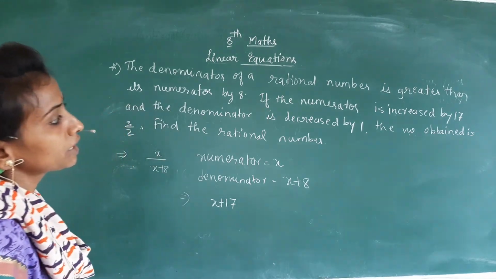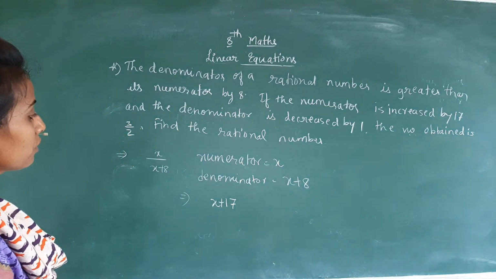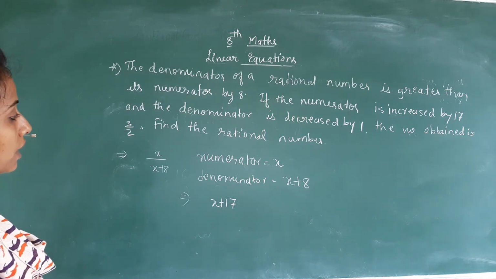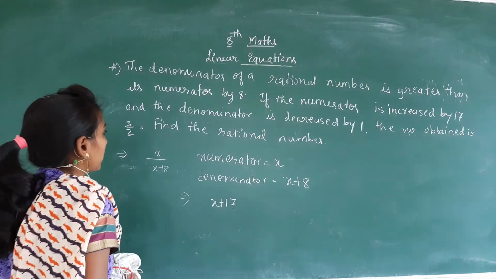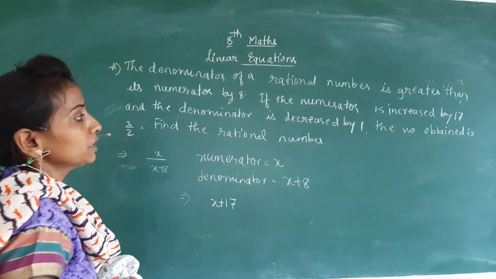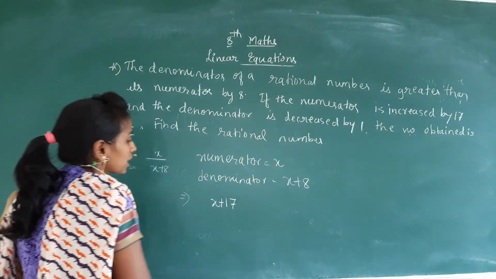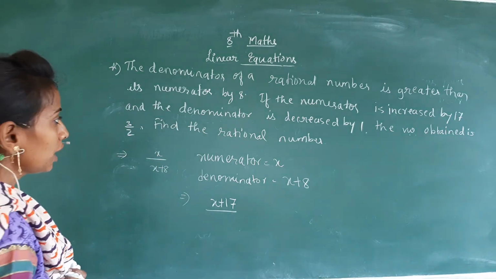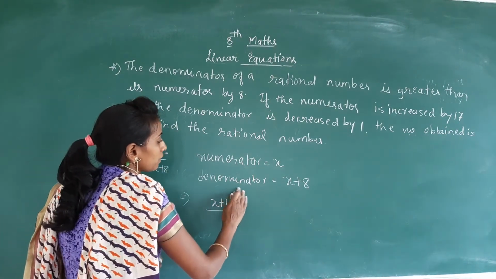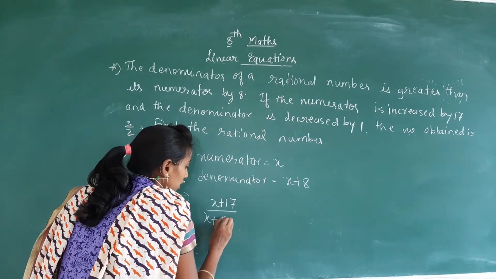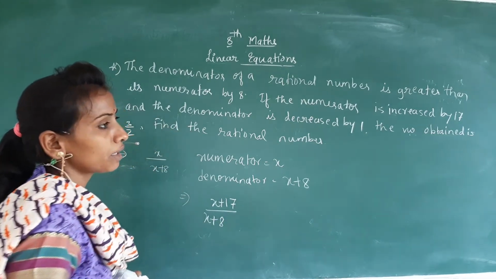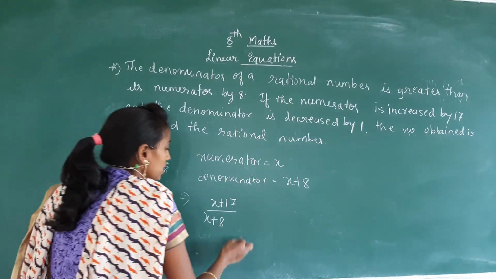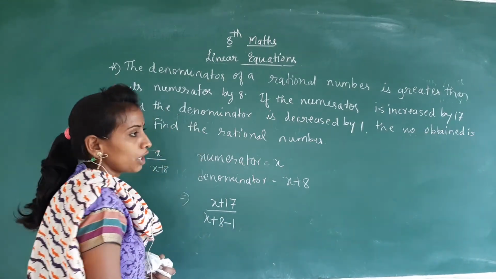And the denominator is decreased by 1, which means we have to subtract 1 from the denominator. Already we have the denominator as x plus 8, and we are decreasing by 1, which means we are subtracting 1.